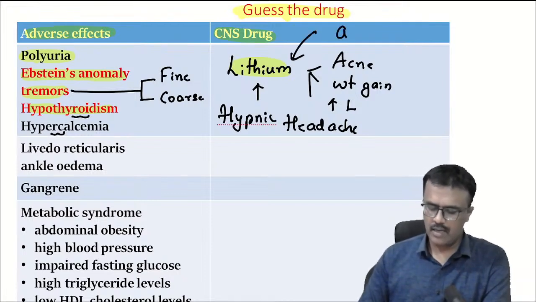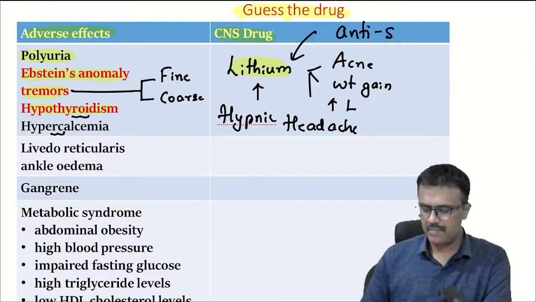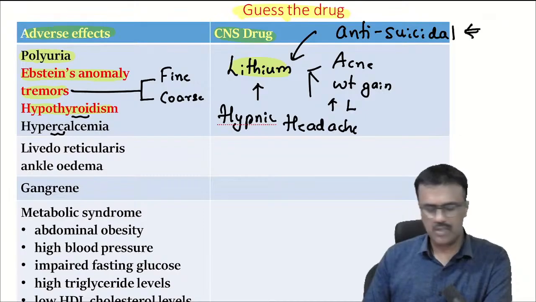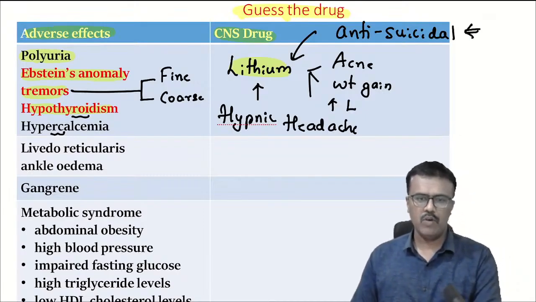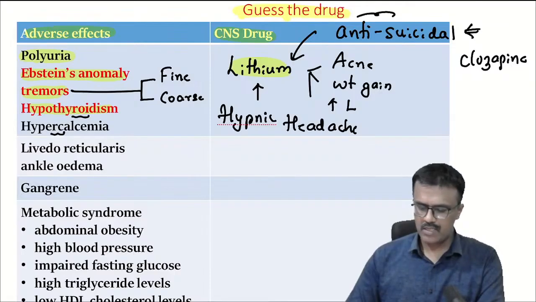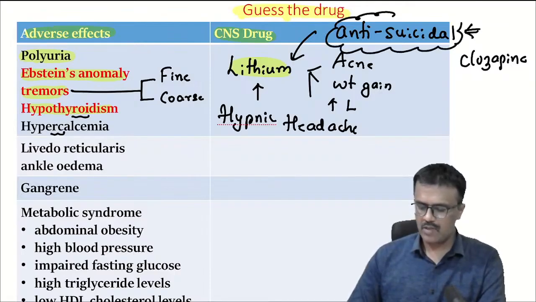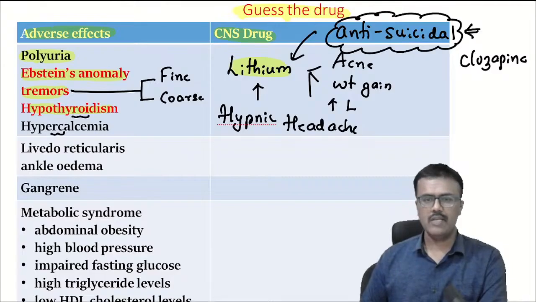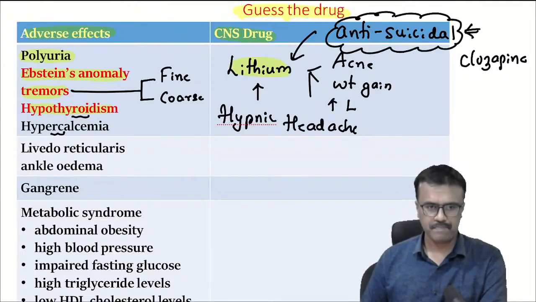Lithium has anti-suicidal property. Tell me one more drug which has anti-suicidal property. The name is clozapine. There are two well-established drugs having anti-suicidal property. One is lithium and one is clozapine.